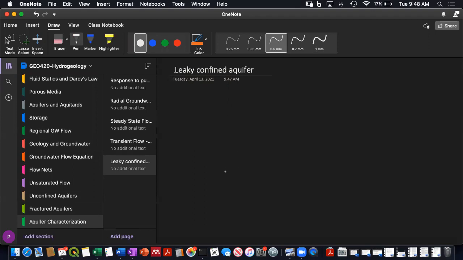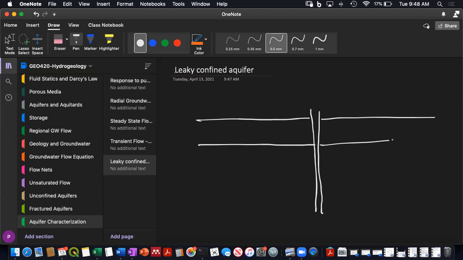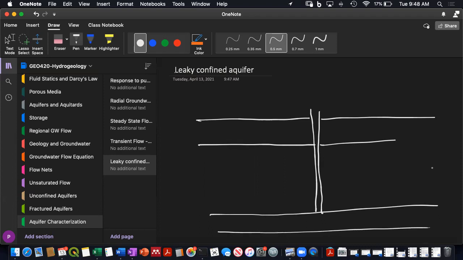There are particular solutions for a whole bunch of these different scenarios, say a non-fully penetrating well, a confined aquifer, or here my confining unit is leaky, it allows water to move through it.